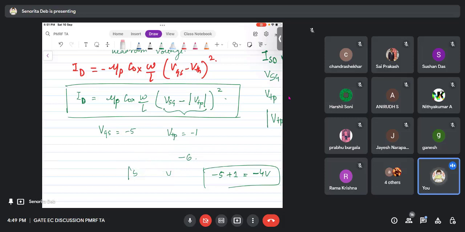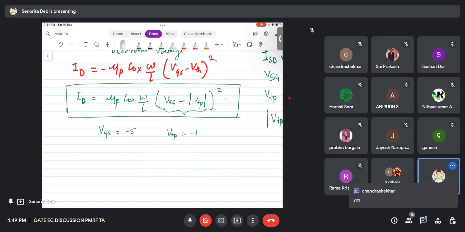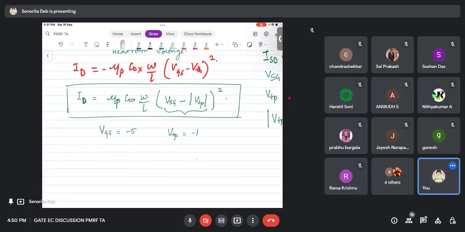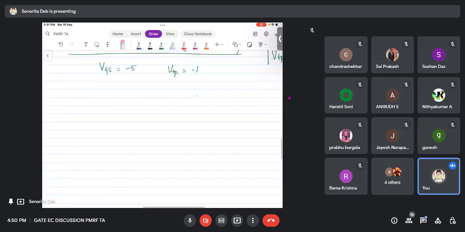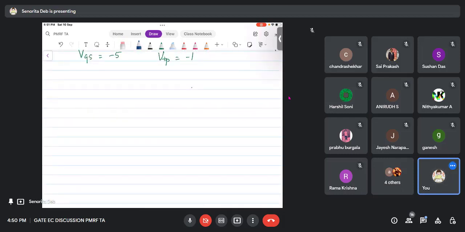So till here, is it fine or not? After this, I will go to the transconductance, and then we will see the body effect quickly and solve one question. Now obviously since there is a voltage you have applied and there is a current flowing, I got ID, which is proportional to VGS.